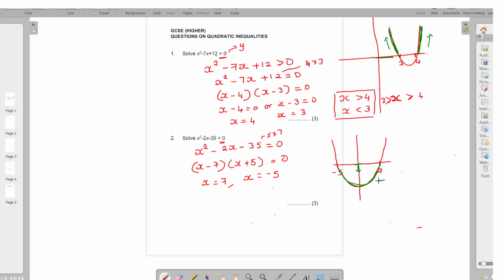So if you look at that this way and this way, we could write the inequalities. x is less than 7, sorry, and x is greater than minus 5. x is less than 7 and x is greater than minus 5.